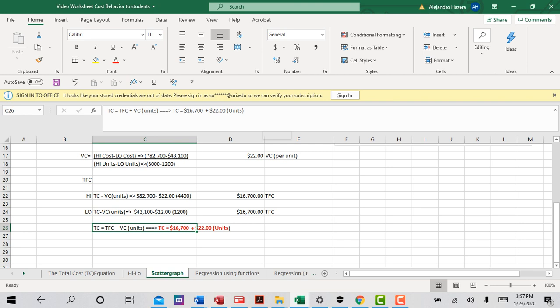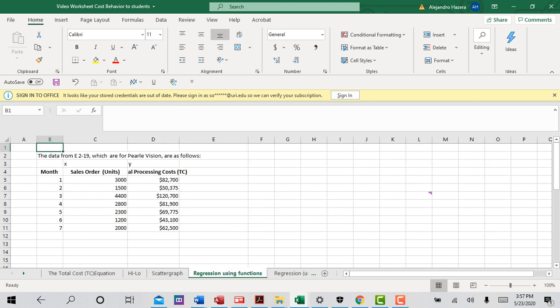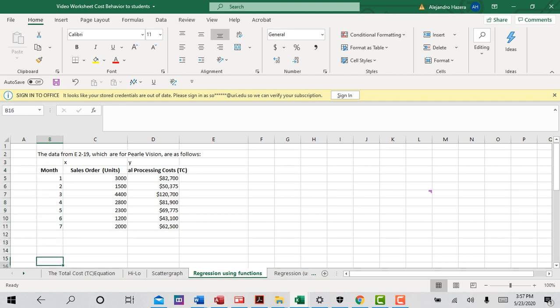Okay, and now you can try the predict thing again. Let's go over to regression. Regression is a statistical technique, and it really is the one we're going to be using, by the way.